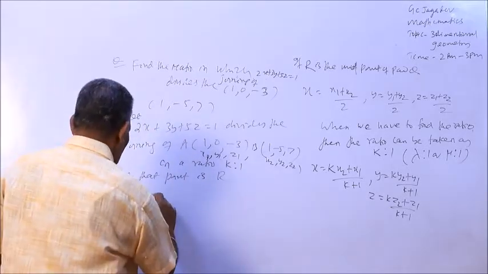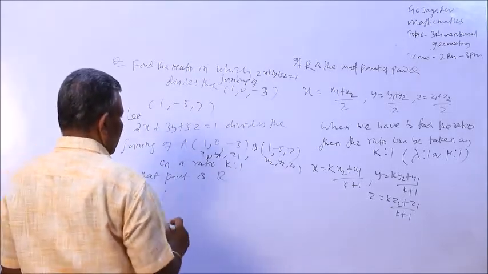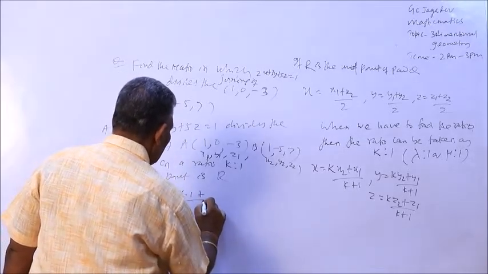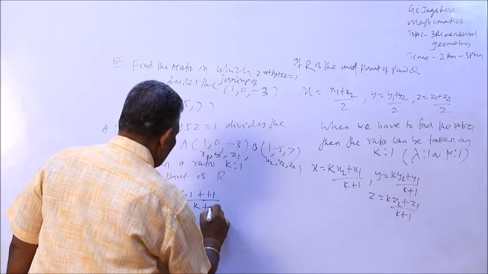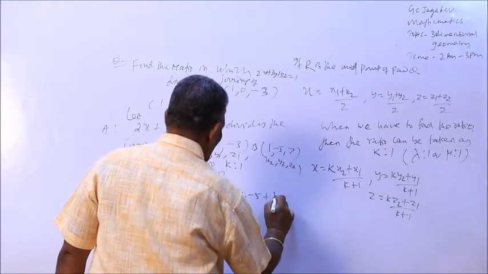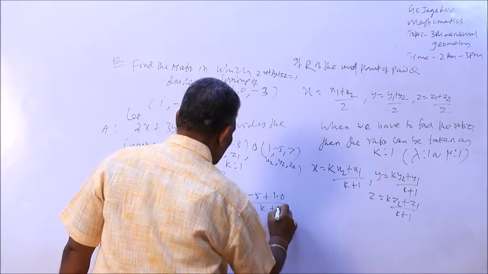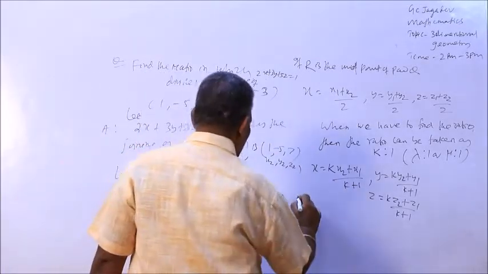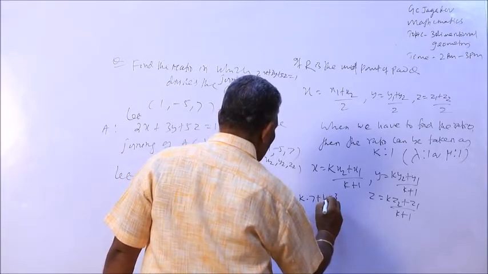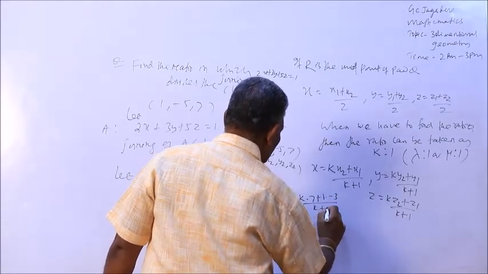So R has coordinates: the first is k into 2 plus 1 into 1 divided by k plus 1; second, k into minus 5 plus 1 into 0 by k plus 1; third, k into 7 plus 1 into minus 3 divided by k plus 1.